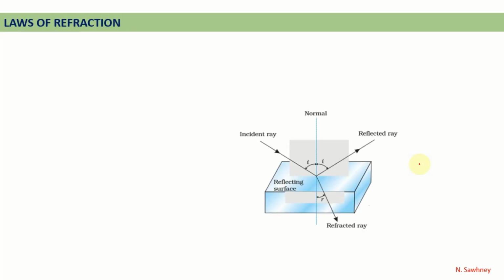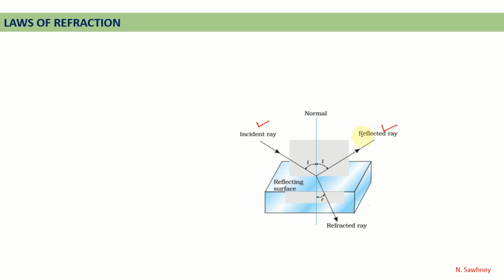Now let us understand the laws of refraction. See here, this is the incident ray. Whenever the ray of light strikes from one medium to another medium, a part of it gets reflected back in the same medium.